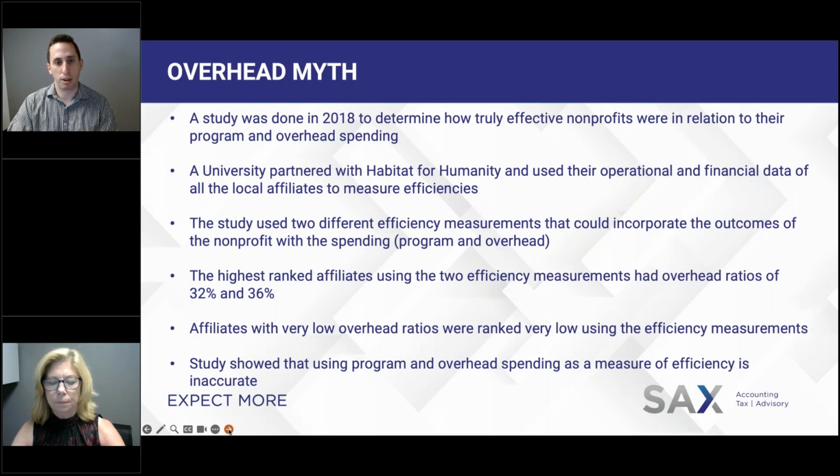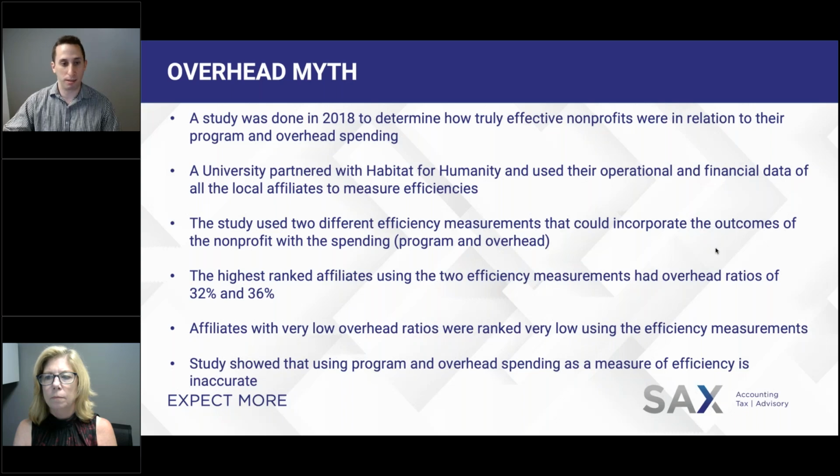A university partnered with Habitat for Humanity. Habitat has local affiliates nationwide, roughly 400 or so. The university received all their operational and financial data to measure their efficiencies. In the study, they used two different efficiency measurements that could incorporate the outcomes of the nonprofit and the spending.